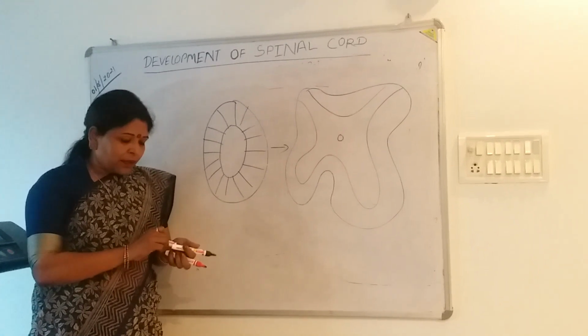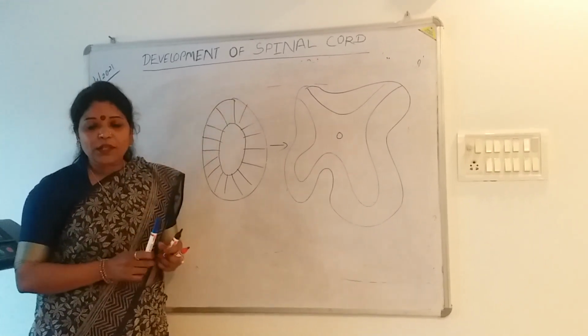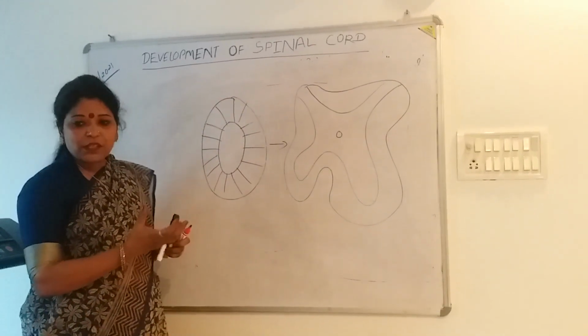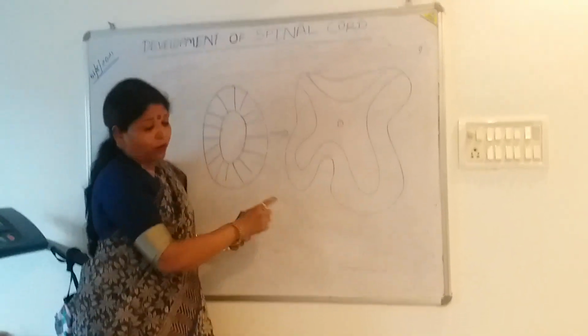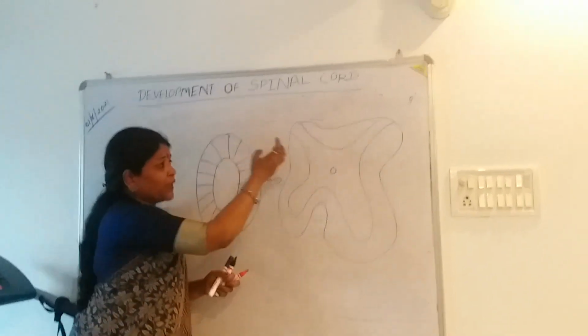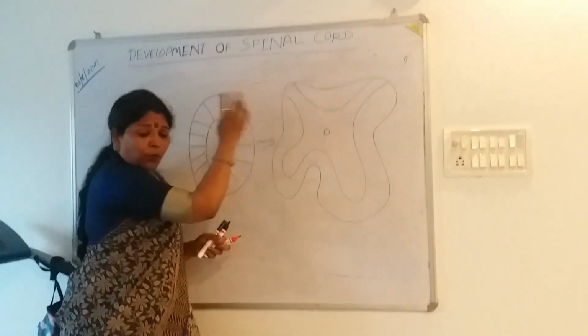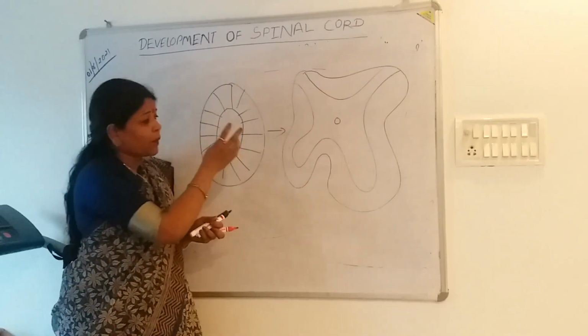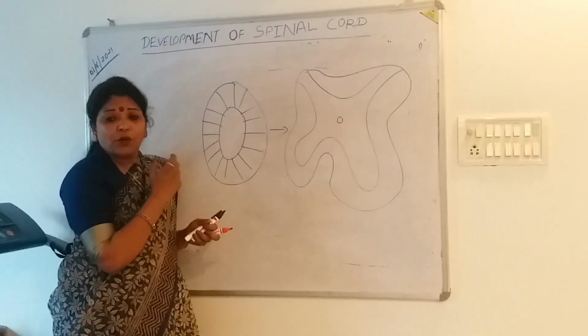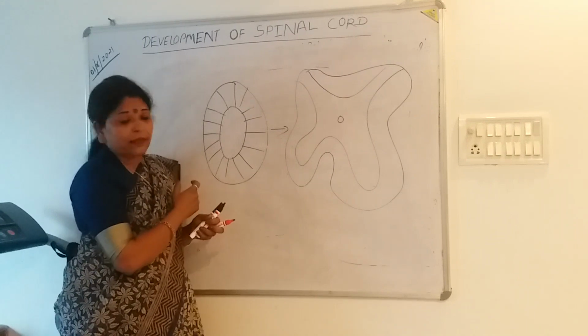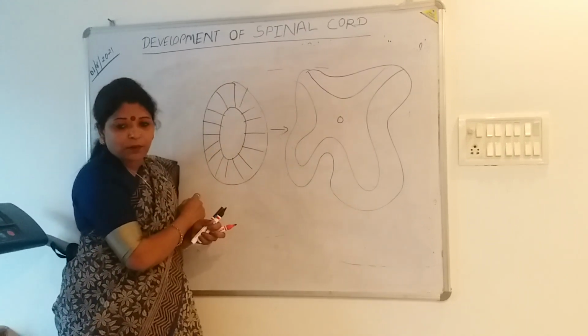That means there are genes and molecular regulations for the formation of the motor area: which neurons are going to form the motor neurons, which are going to form the sensory neurons, who will decide this? So there are molecular regulations here.